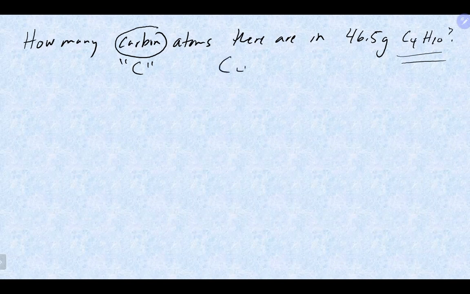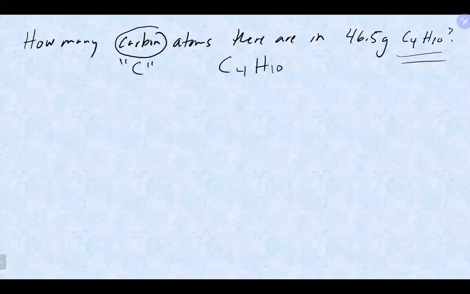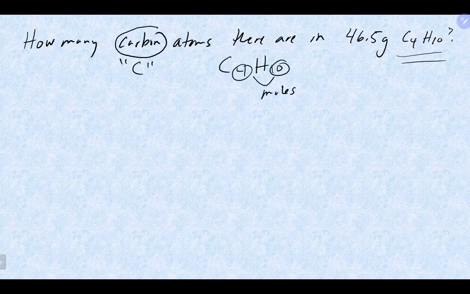When we look at these numbers on the bottom, they can represent the moles of each of those guys, as we'll talk about a little bit later on here when we talk about empirical formulas and all that good stuff. And we can actually come up with a couple of relationships from the actual formula itself. We could say in 1 mole of the entire thing here, there is 4 moles of carbon.